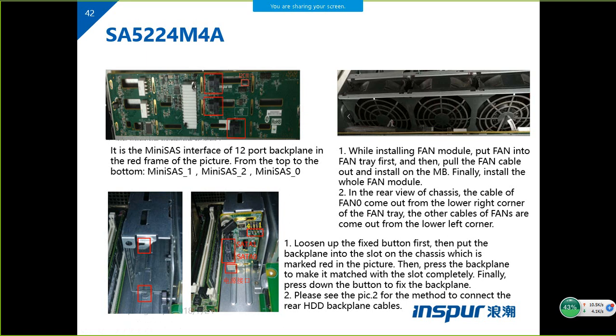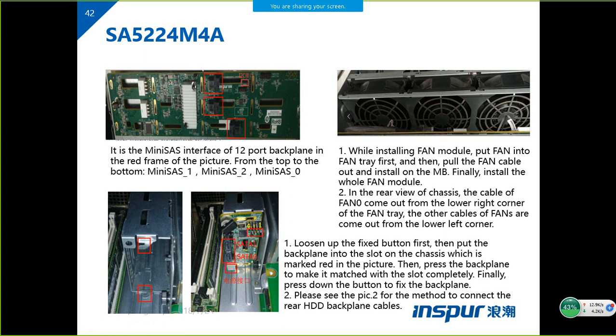And when you install the fan module, put the fan into the fan tree first, then put the fan cable out and insert it into the motherboard, and finally install the whole fan module.